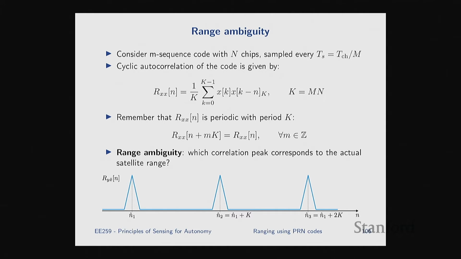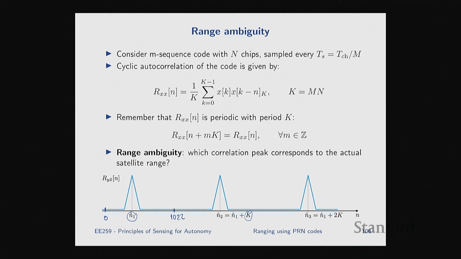So in this picture, if this was a CA code, your correlation can start from index 0 and only go to 1022, only one period of your signal. But in reality, the physical n hat can be that plus any multiple of the code length. So it could be n hat 1 plus k, plus 2k, plus 3k, and so on.